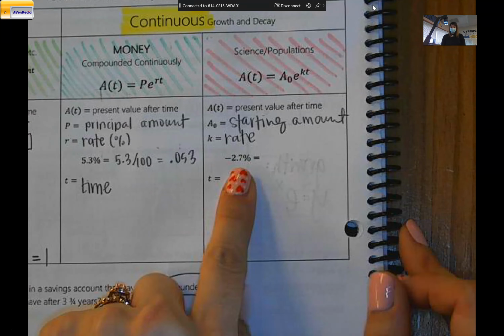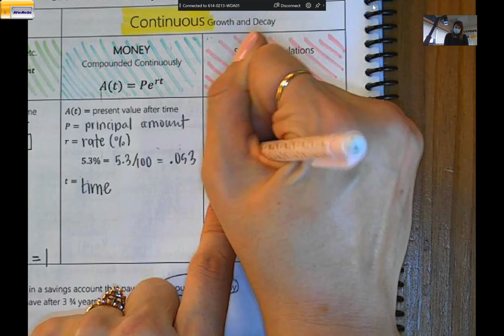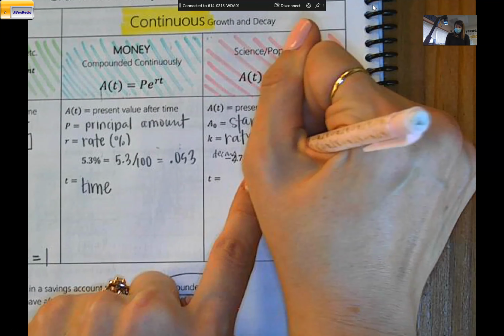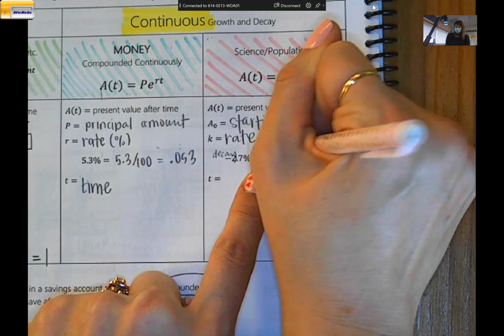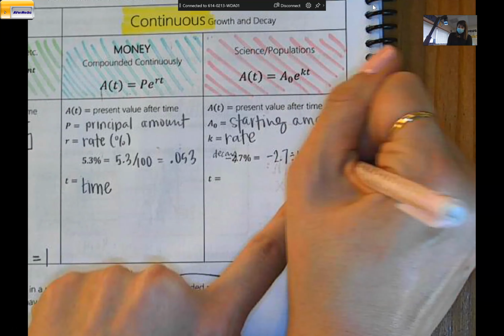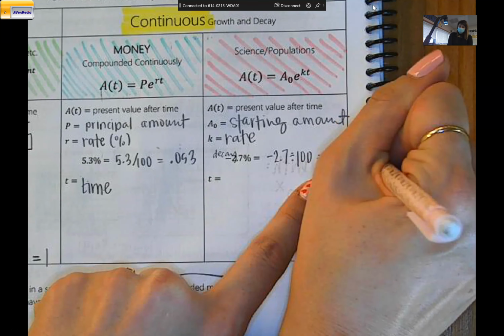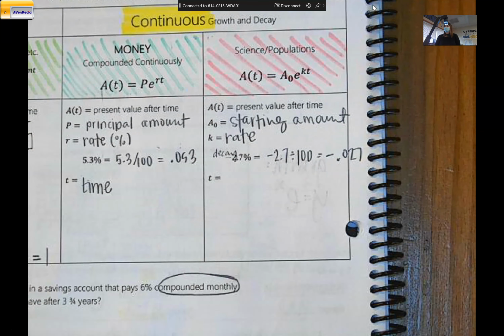Here, this would be an example of decay. And this is just a reminder to take negative 2.7 and divide it by 100. So this would really be a value of negative 0.027.